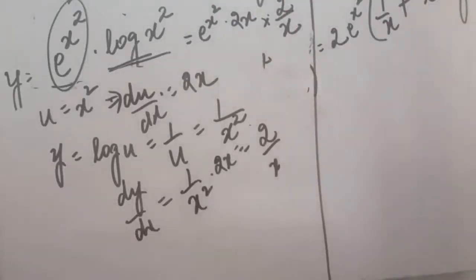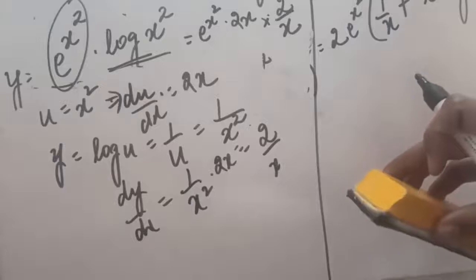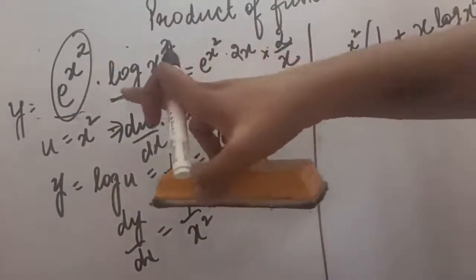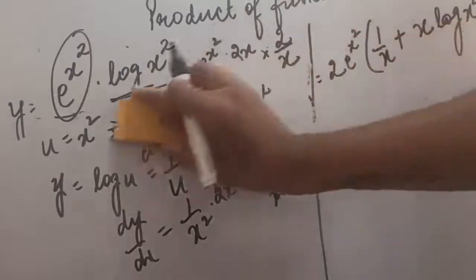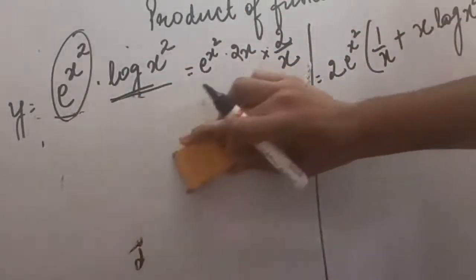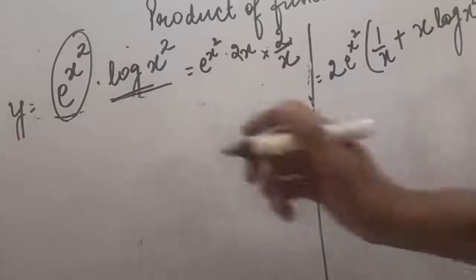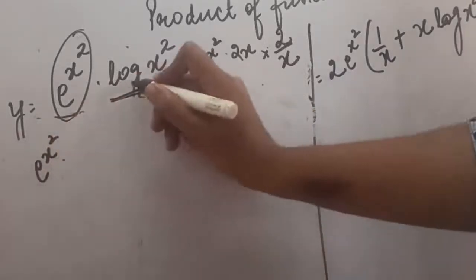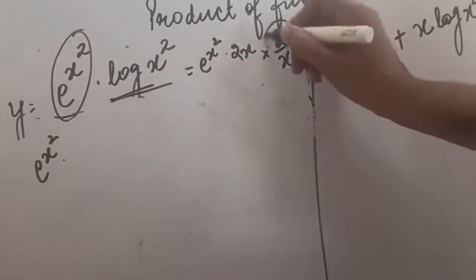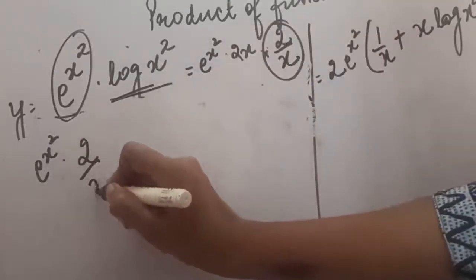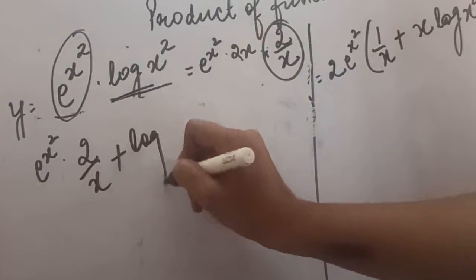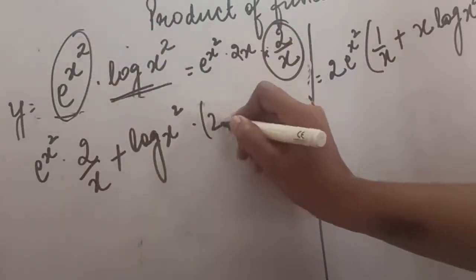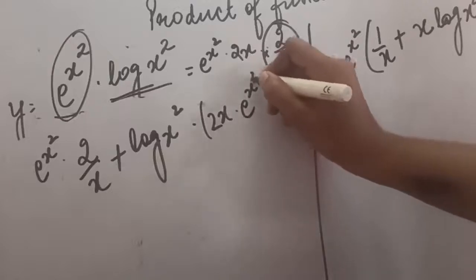So now, therefore, the derivative of e^(x²) was e^(x²) into 2x and the derivative of log x² is 2 upon x. Now we can directly apply the product rule. According to the product rule, e^(x²) into the derivative of log x², which has come out to be 2 by x, we can put that, plus log x² into the derivative of e^(x²), which has come out to be 2x multiplied by e^(x²).